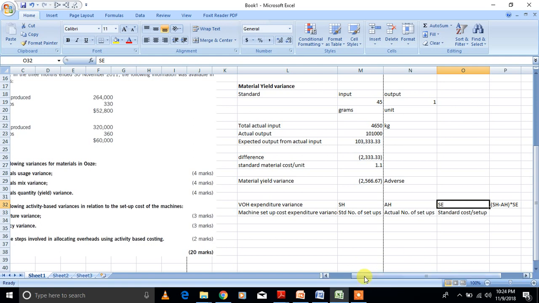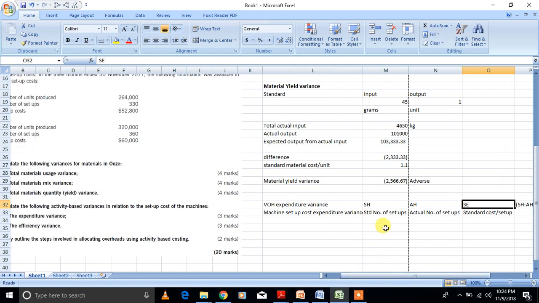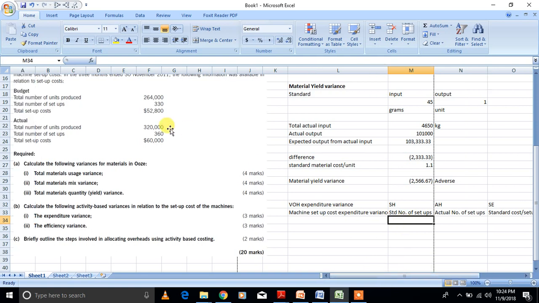Let's see how to get the standard number of setups for actual production. Remember, standard hours means standard hours for actual production. So here also standard number of setups, or expected number of setups, for actual production. What information have they given? For 264,000 units they produced, 330 setups were expected.